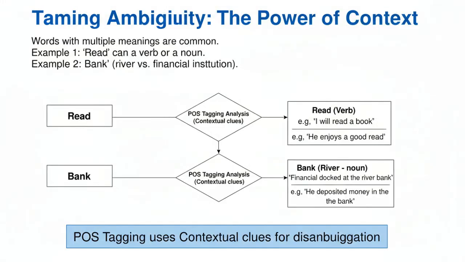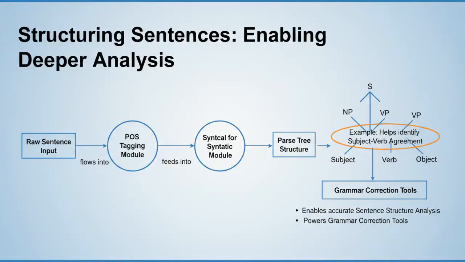Beyond individual word meanings, POS tagging is indispensable for understanding the structure of entire sentences. Syntactic parsing, which involves breaking down sentences into their constituent phrases and identifying grammatical relationships, heavily relies on accurate POS tags.